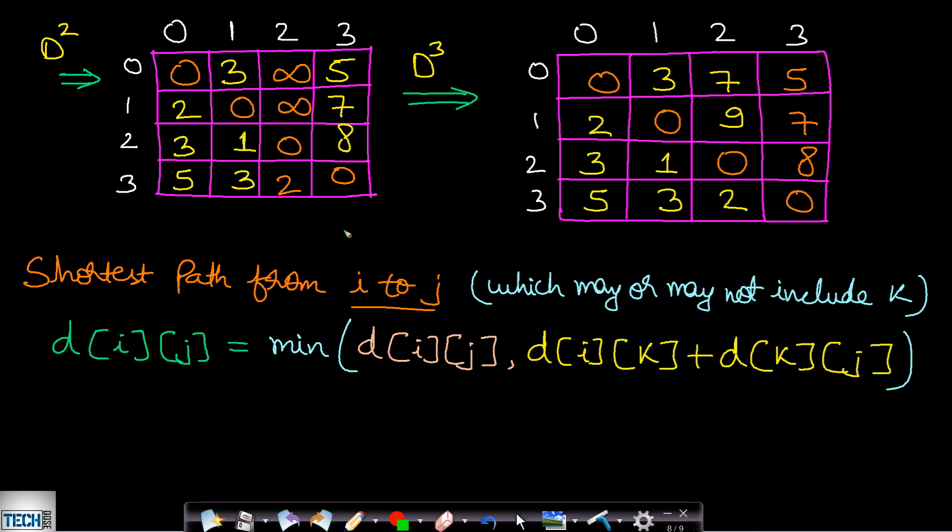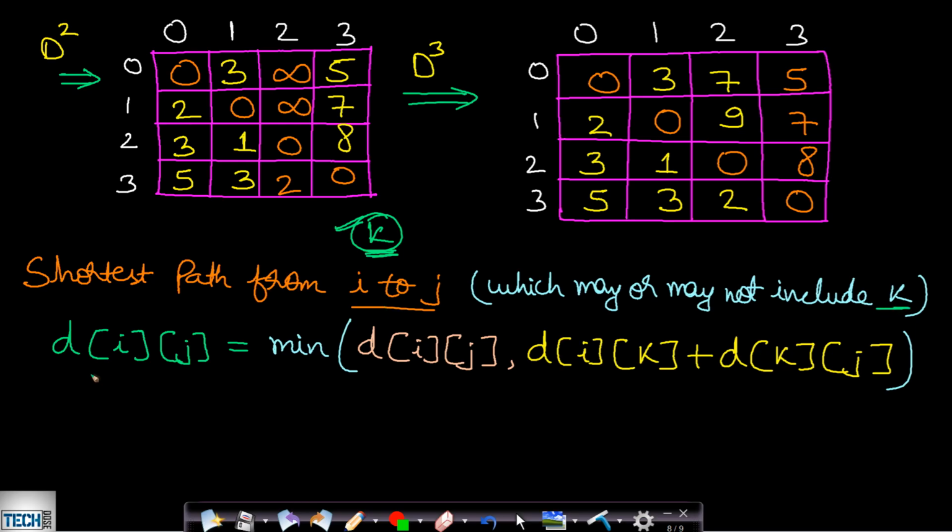In this algorithm, one important point to note is that if you are including a node k, in this case we had included nodes 0, 1, 2 and 3. So if you are at the kth node and you are willing to find the shortest path, if you have the option of including this node k, then the shortest path value may or may not include the node k.